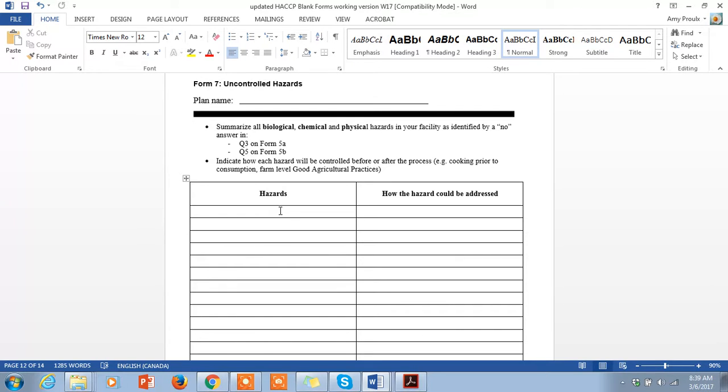These are hazards that would be mitigated by the customer. So that could be a business-based customer, or it could be a consumer-based customer. So for any product that is ready to eat, you had better have no hazards.